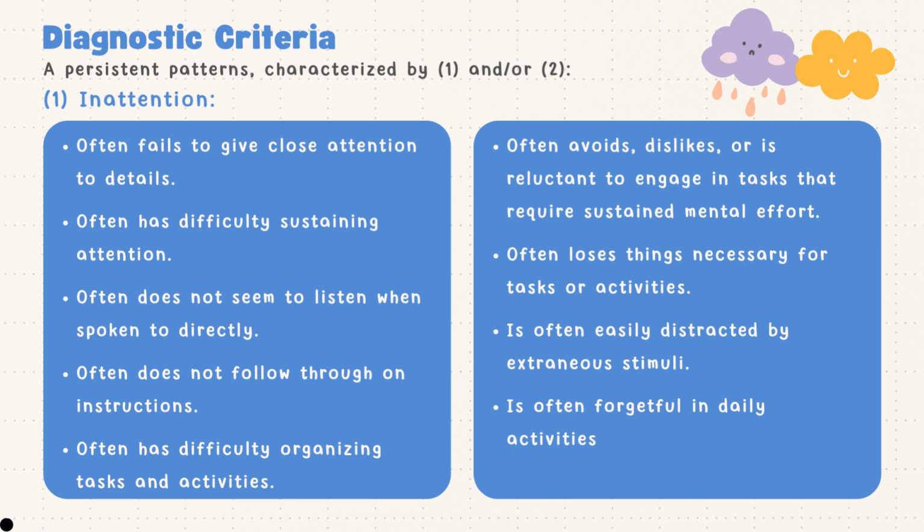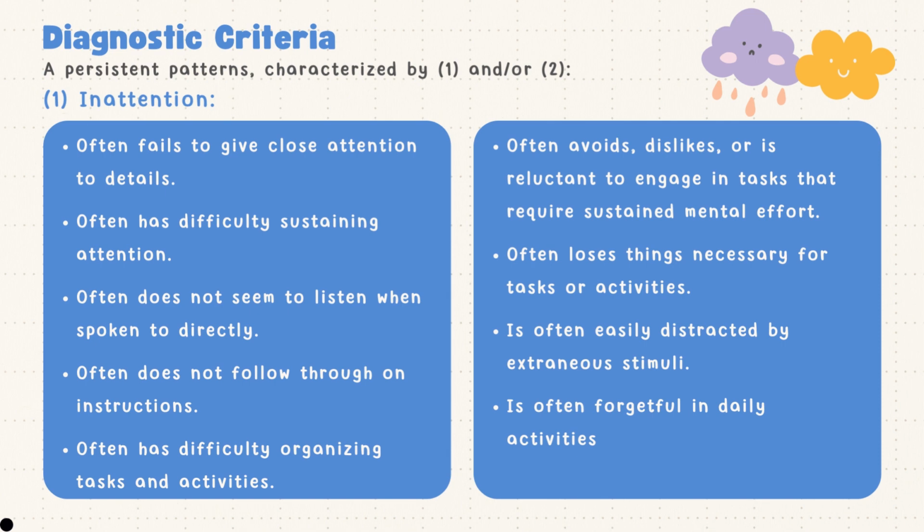Next, they often have difficulty sustaining attention either in task or play activities, for example during lectures, conversation, or even lengthy reading. They also often do not seem to listen when spoken to directly, in which their mind is always elsewhere even when there is no obvious distraction.